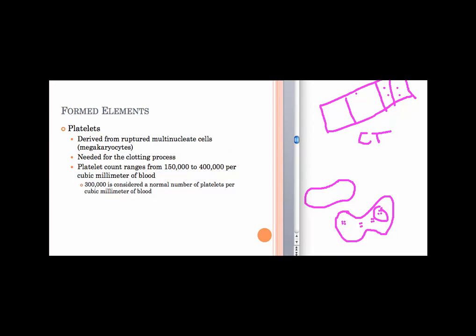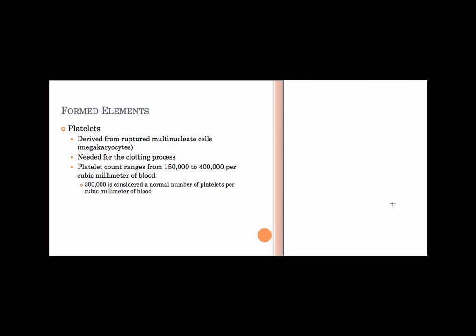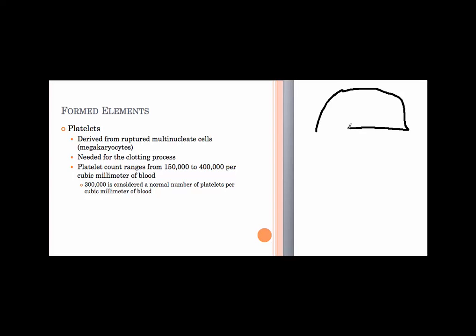Another formed element we have is platelets, and these are derived from ruptured multinucleated cells. If we imagine this large cell called a megakaryocyte, it's multinucleated, and eventually all of these smaller cells start pinching off from that megakaryocyte to give rise to all those platelets.